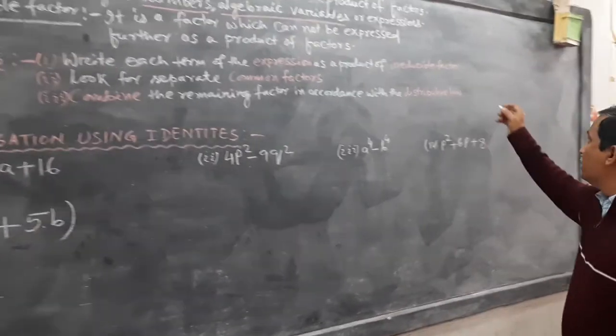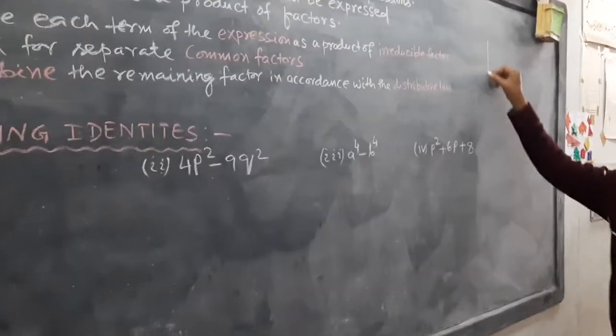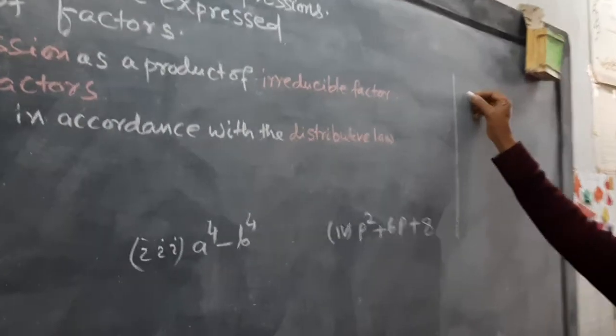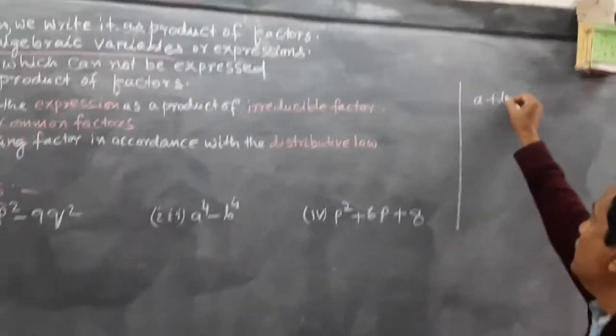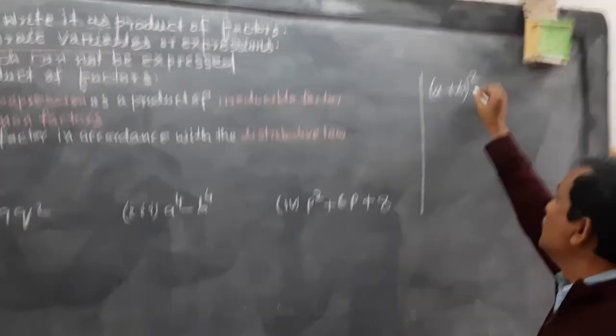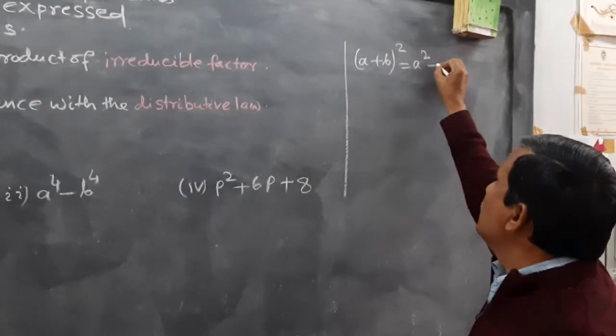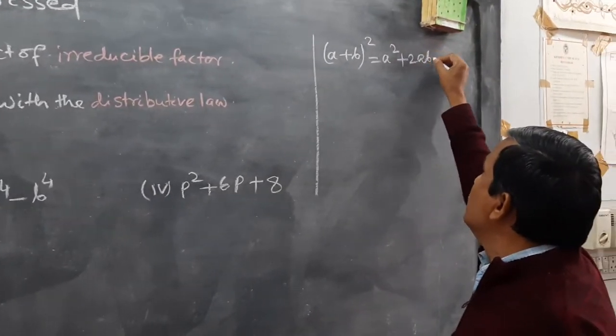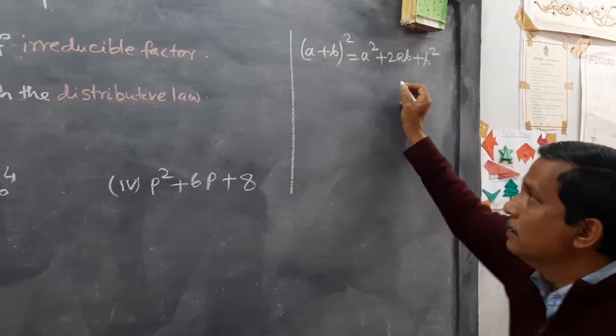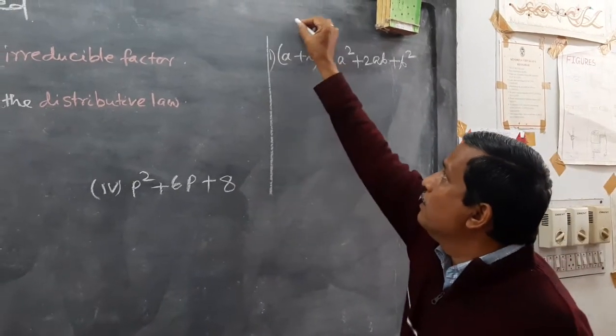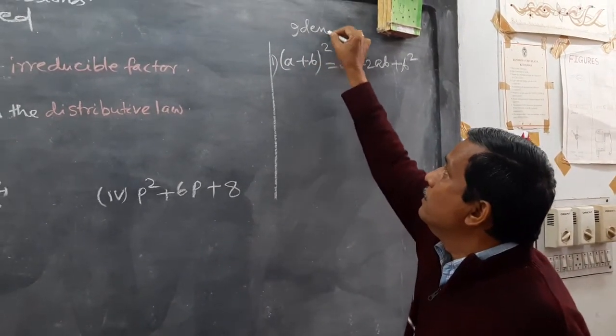So you have already learned in your previous classes that a plus b whole square is equal to a square plus 2ab plus b square. This is the first identity. These are your identities.